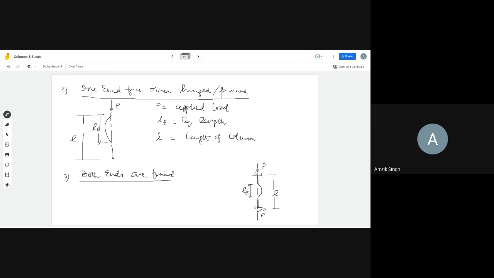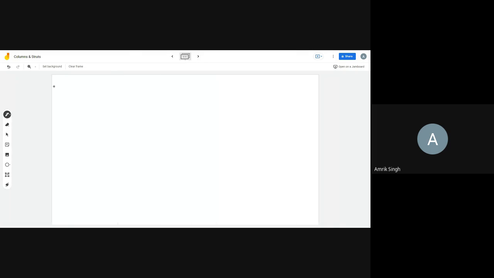Okay. So this is the third condition, and the fourth condition is one end is fixed and another is free.